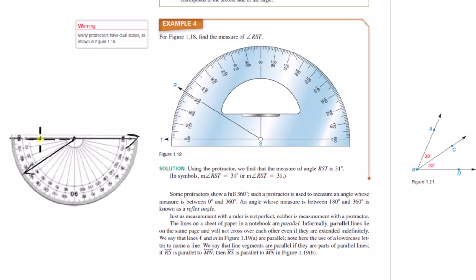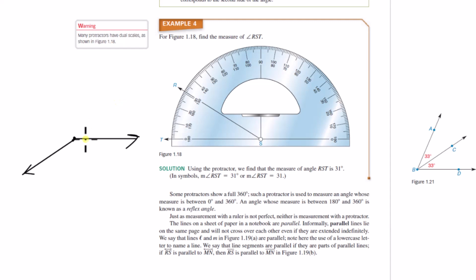Okay, and so from here to here, that's about 32 degrees. So 180 plus 32 is what? 212. So there you go. Approximately. But yeah, I guess it'd be kind of cool to have a full 360 degree protractor you could just read off the measurement straight from the protractor.